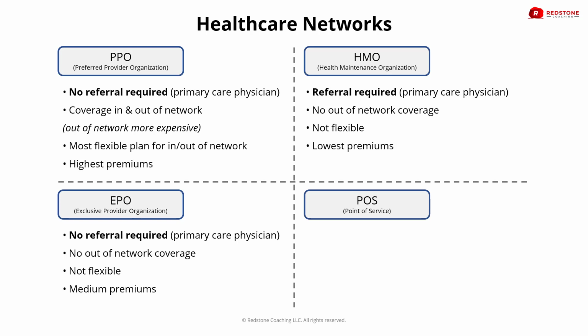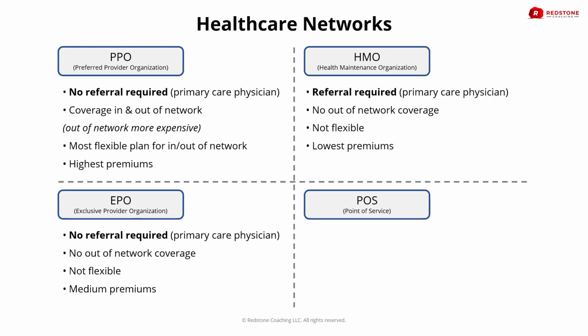So EPO is a blend of PPO and HMO. As you can see, the EPO is similar to the PPO because there's no referral required. However, it's also similar to the HMO because there's no out-of-network coverage, which means it's not as flexible. And because it blends the PPO and the HMO, there are about medium premiums.